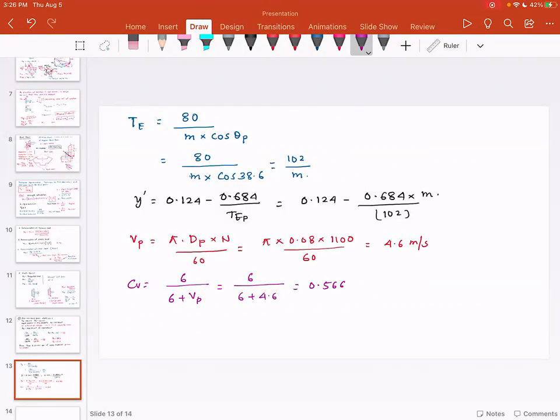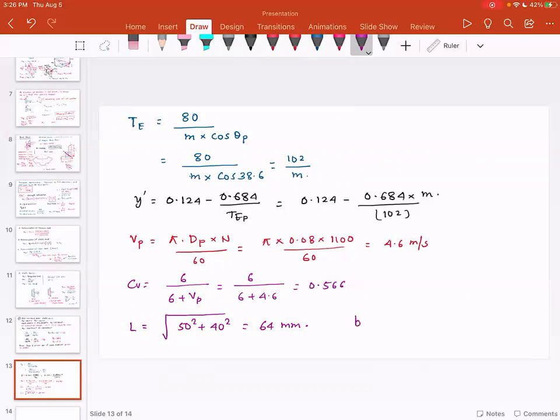Now in the equation, we are going to need the slant height. L is equal to the square root of the radius of the gear squared plus the radius of the pinion squared. That gives me 64 millimeters. And with that information, we are ready to solve the problem.